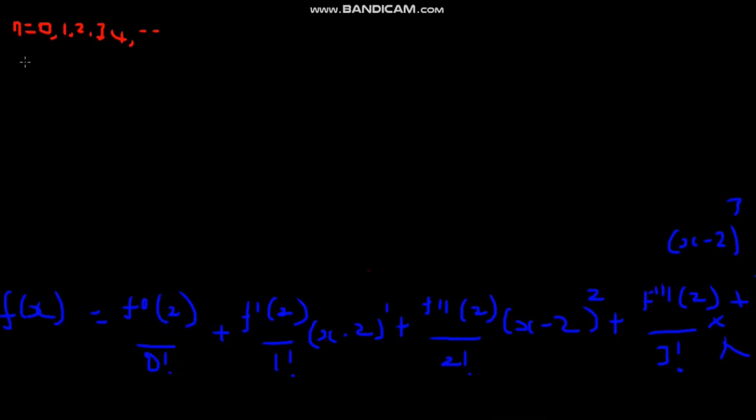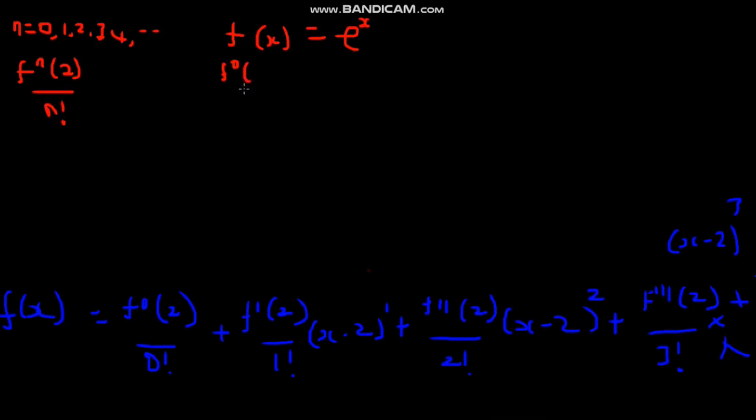The general formula is the nth derivative of the function at 2 over n factorial. Now the function f of x is given to us to be e to the power x. If I want to find the first coefficient, I'm going to find the zero derivative of the function at 2.